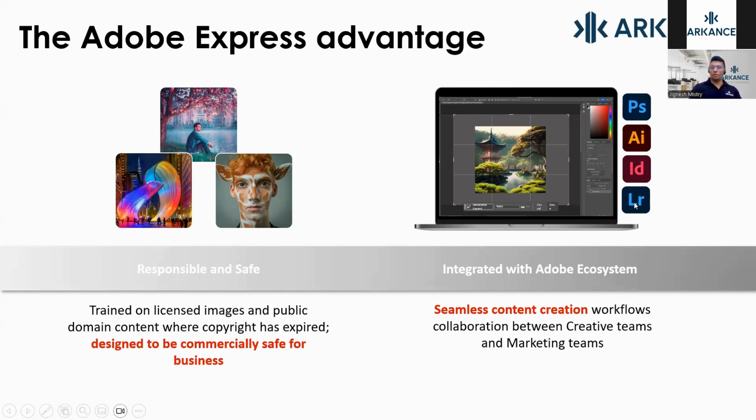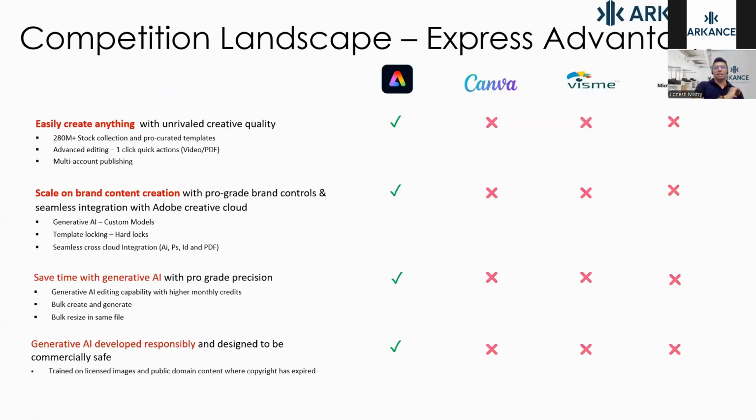You can train on licensed images, whatever images you want, and if you have a similar pattern that this particular design should carry through all of your designs, so that it is a kind of unique signature of your own art, you can actually train that within Adobe Express. Why? Because it is generative AI at the end of the day, right?